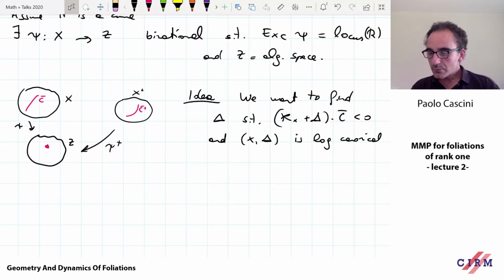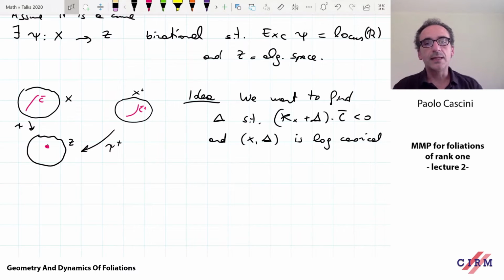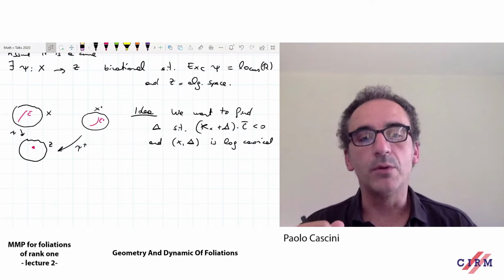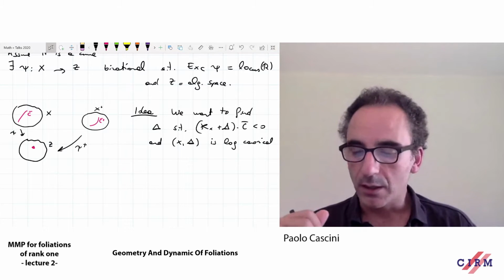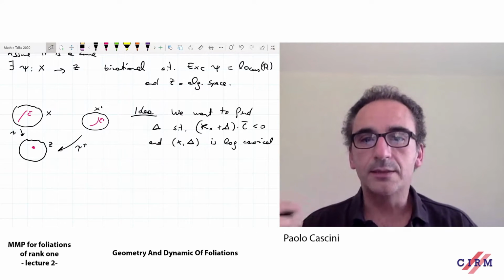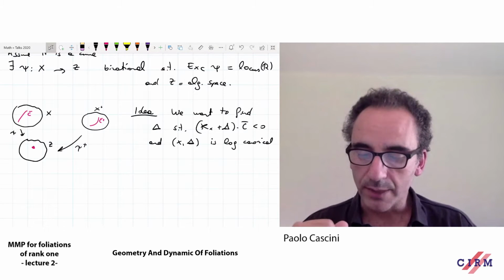So one step that we copy exactly as in the case of rank 2, the one that we did before, is the fact that we are free to work on a formal neighborhood of the curve C bar. This takes some work, but this work was explained by Calum yesterday.